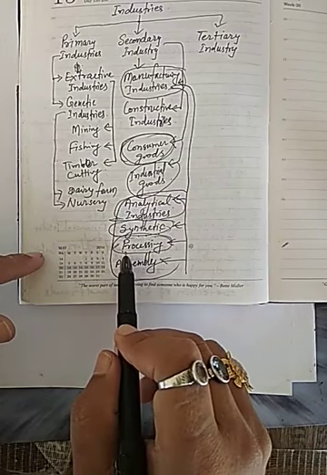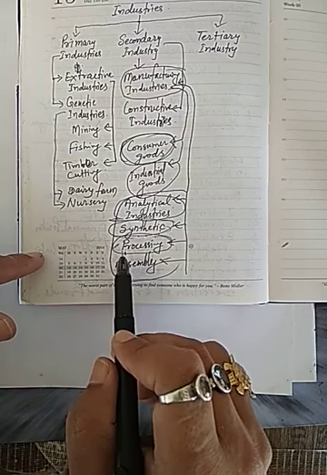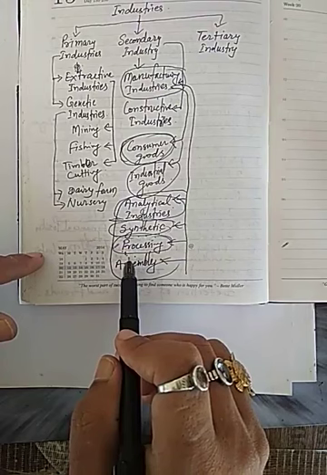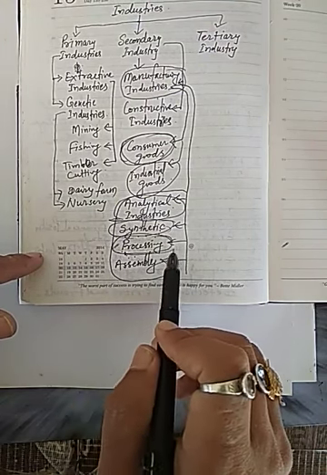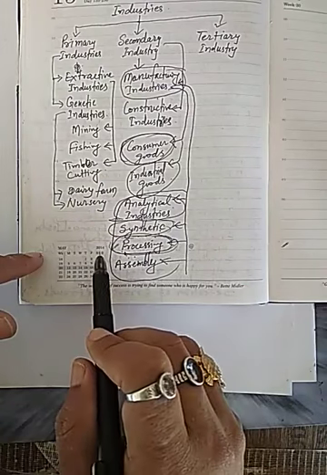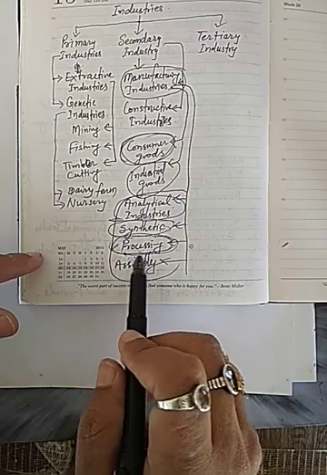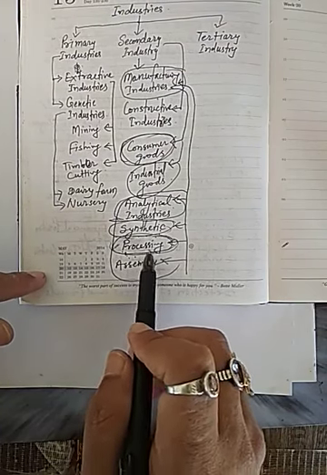For example, textile industries, iron and steel industries, sugar industries are the best examples of processing industries, because sugar cane is processed, then sugar is prepared.